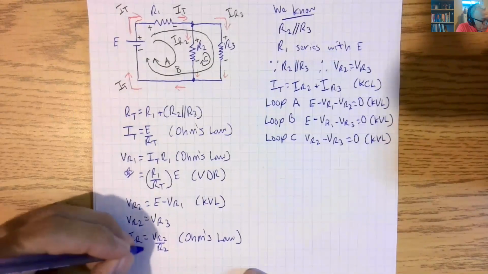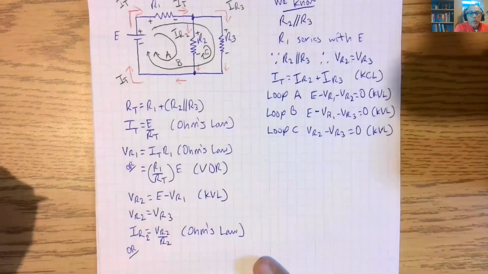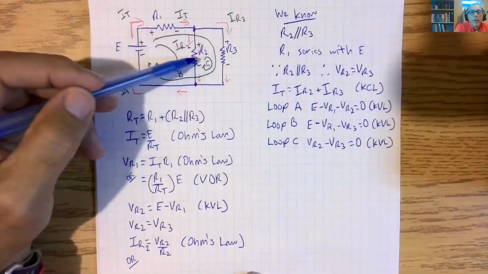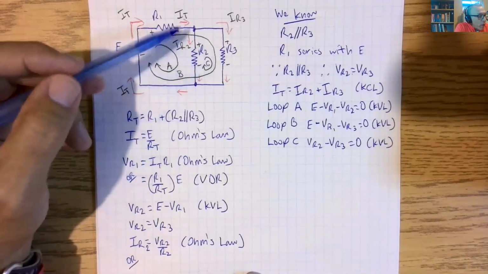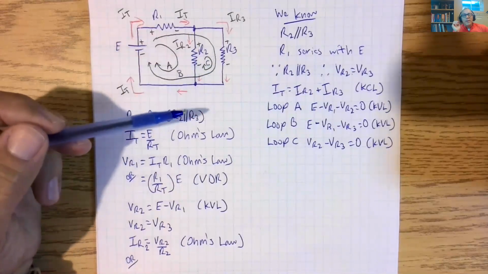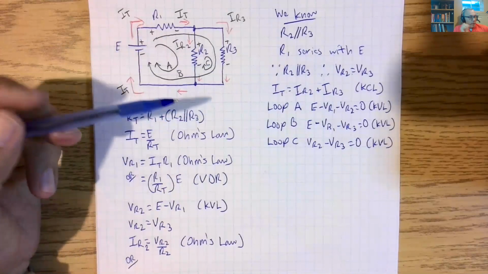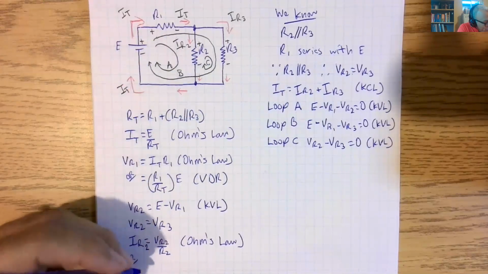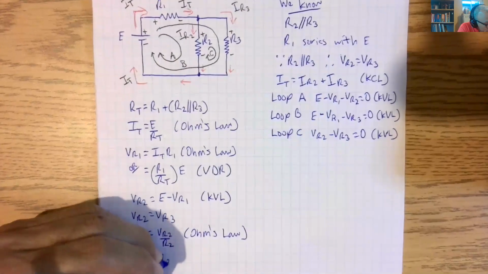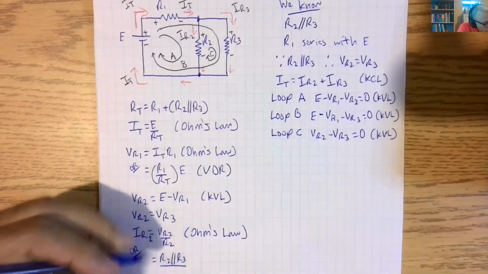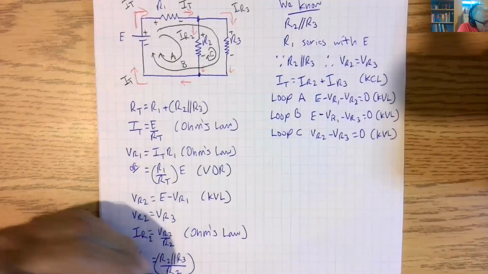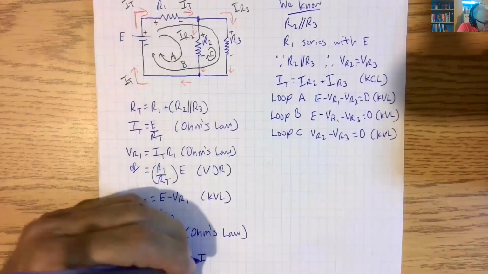All right, but we could also say we know the current coming into this parallel branch. We know we have two resistors in parallel. So how is this current distributed among these two resistors? And if you recall, we had the current divider rule. So what we're going to say here is that IR2 is equal to R2 in parallel with R3 over R2 times, in this case, it's IT going in there.